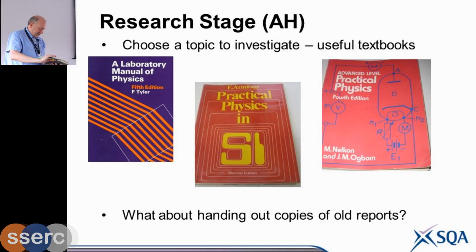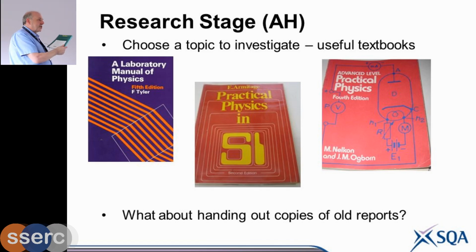that are quite common: Armitage, Practical Physics in SI, as opposed to S1, as one of my colleagues used to call it. This morning, there were a few of those round about the £4 mark on either Amazon or eBooks.